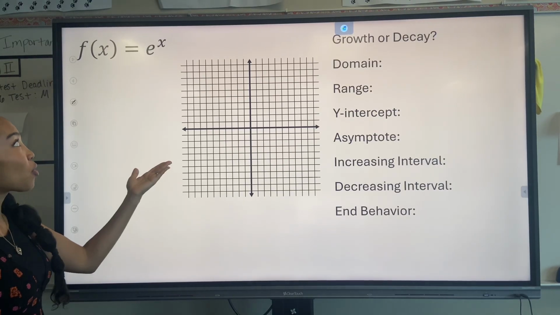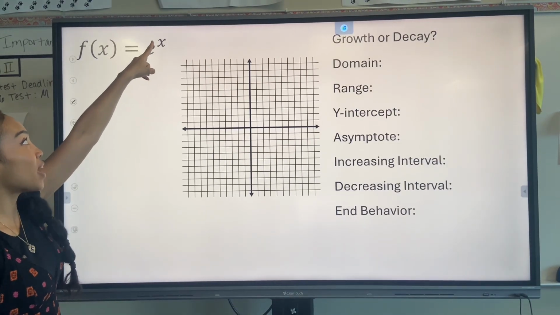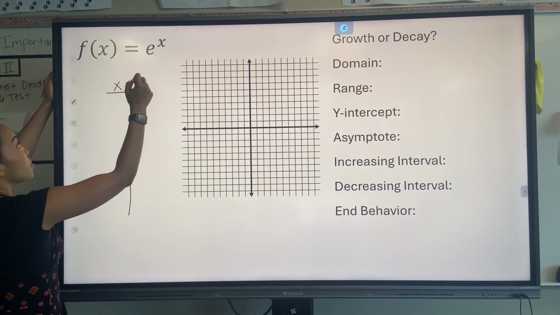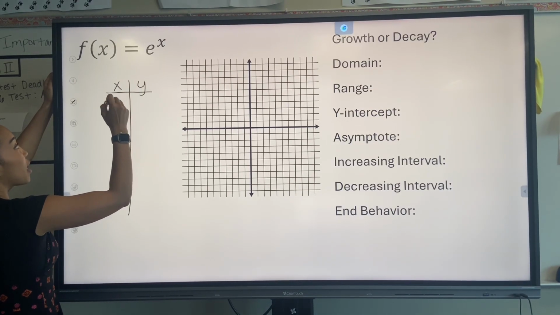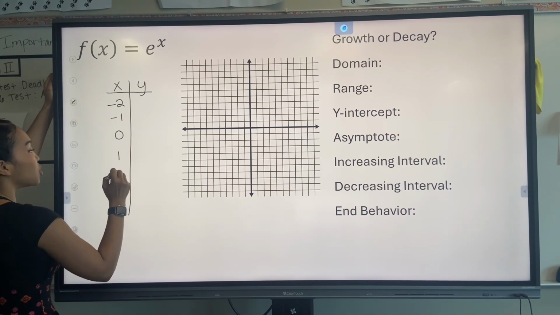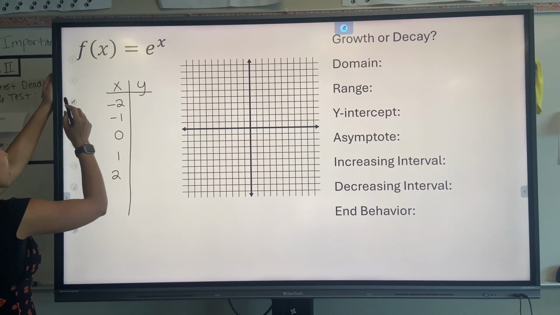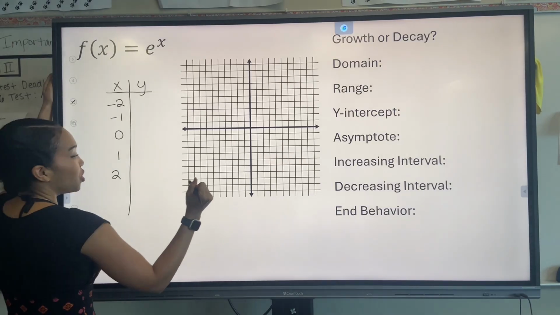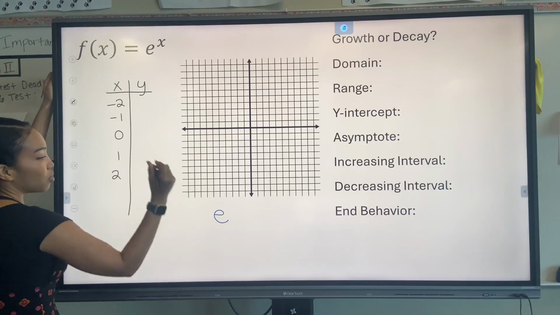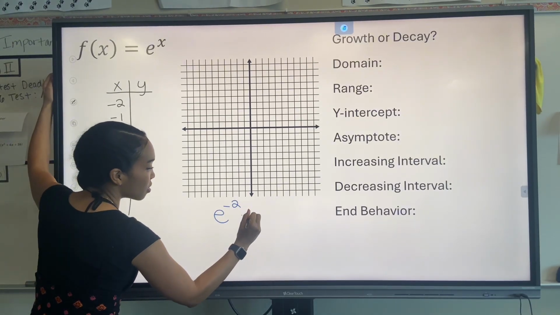So we're going to go ahead and graph e to the power of x. So we always start our table with the x values -2, -1, 0, 1, and 2. And to find the y values, you're going to do e to the first exponent, which is -2.